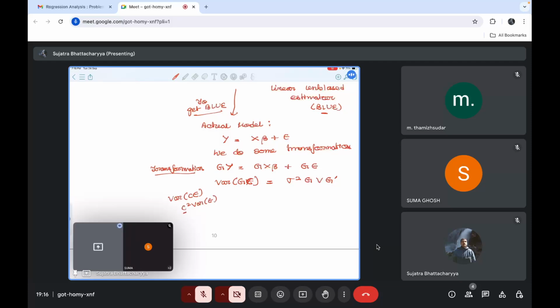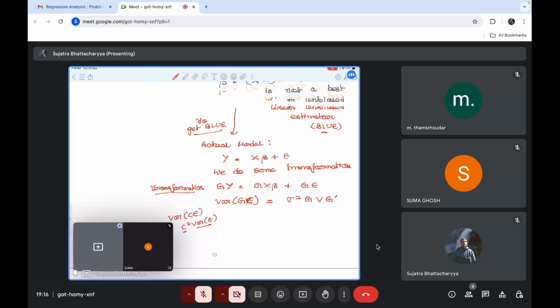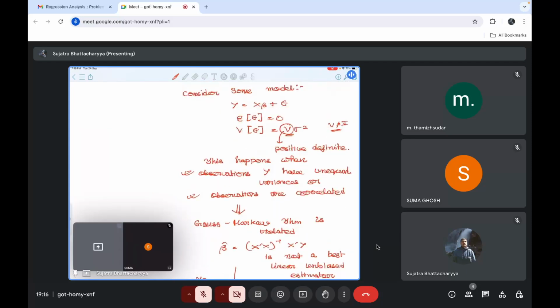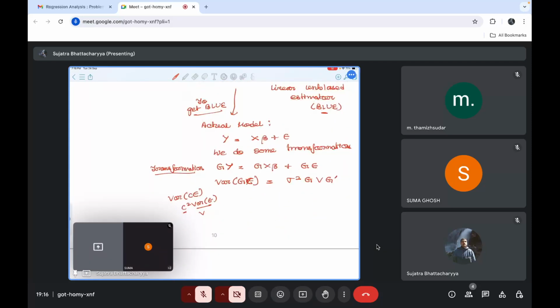Variance of epsilon we have seen is V into sigma square, sigma square is some constant. And this c square in matrix can be written as G into G dash, since this is based on matrix multiplication, so it has to be written like this.